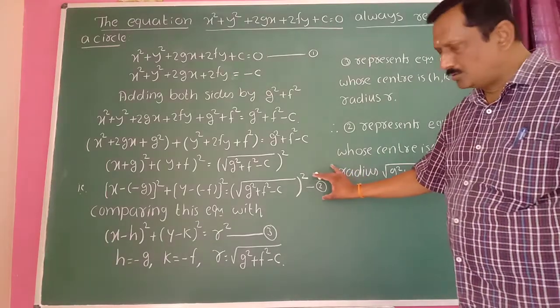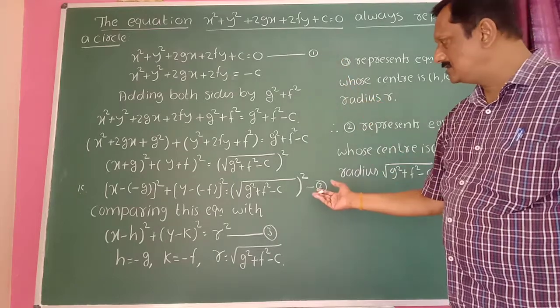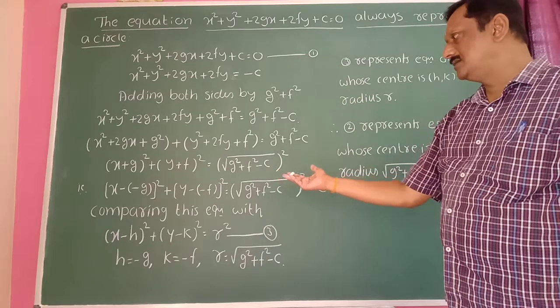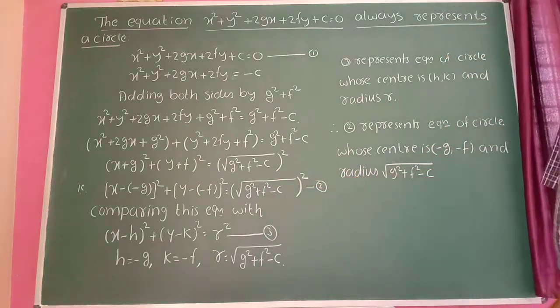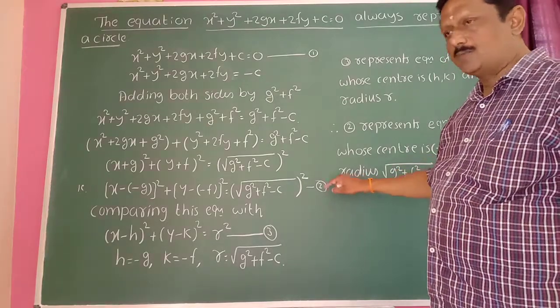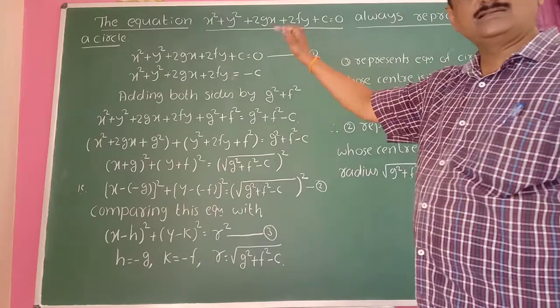So equation 2 is obtained from equation 1 here. If this is the circle, then this is also a circle whose center is (-g, -f) and radius is root of g square plus f square minus c. Therefore this second equation is obtained from equation 1 only. If this is a circle, then this is also a circle only.